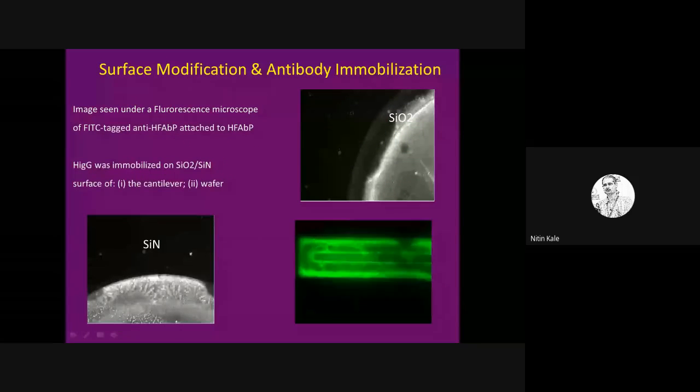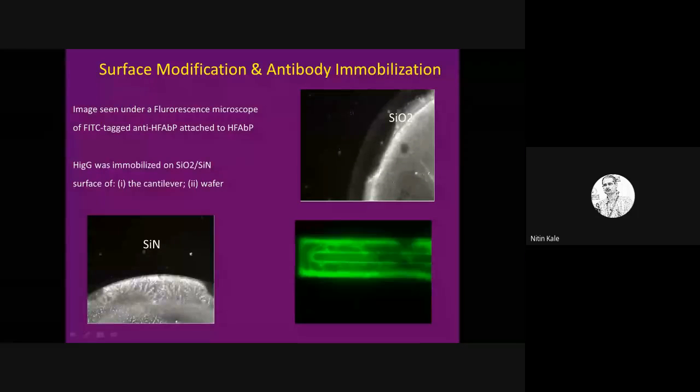Before you do cantilever-based protein detection measurements, you need to know whether your immobilization of antibodies on the surface of the cantilever has been successful or not. Here is an example which depicts that. For that, you use fluorescence antibodies. You have your surface, any surface.